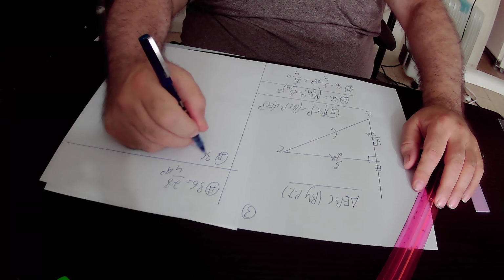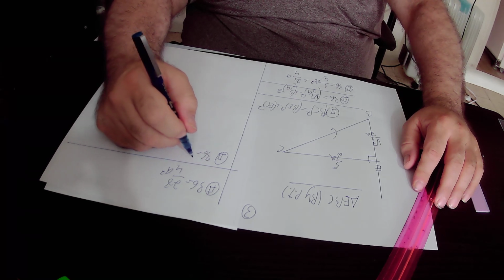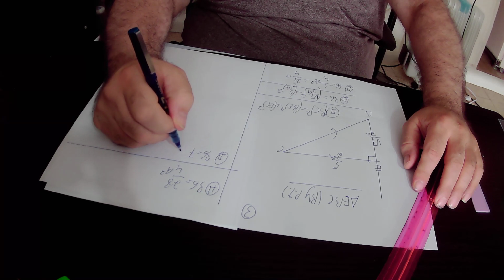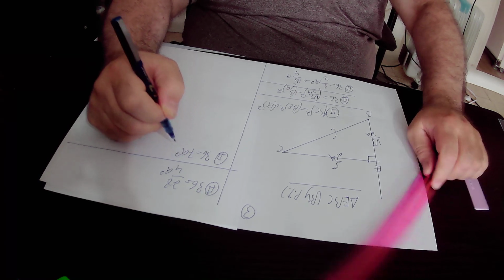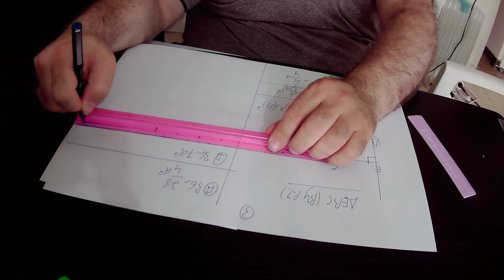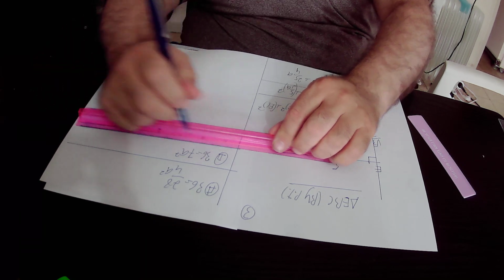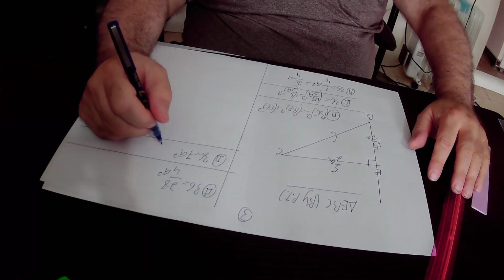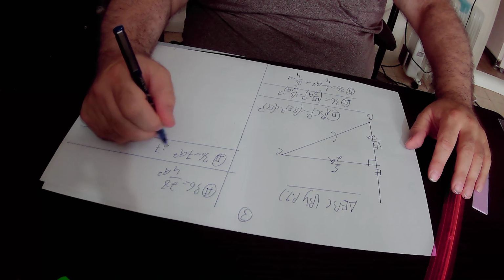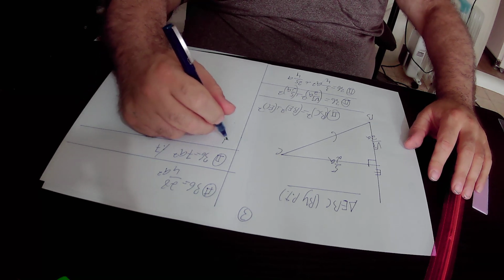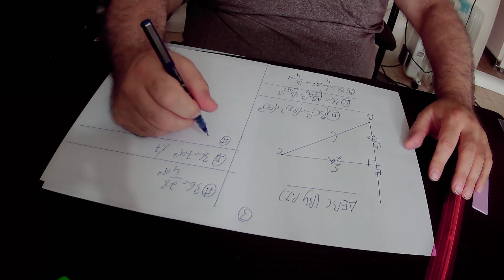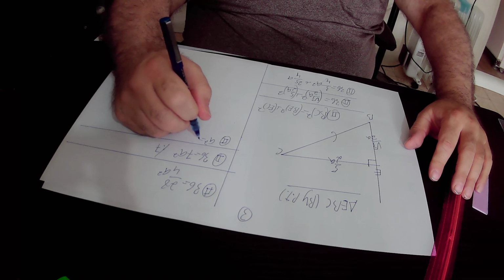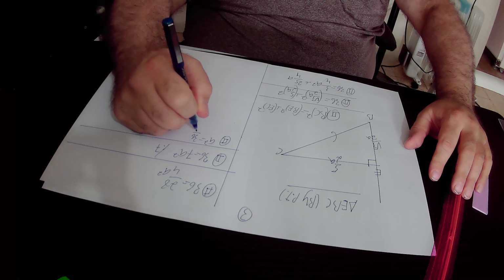So 36 equals 28 over 4 is 7, so 36 equals 7a squared. Here we divide this equation by 7, and we get that a squared equals 36 over 7.